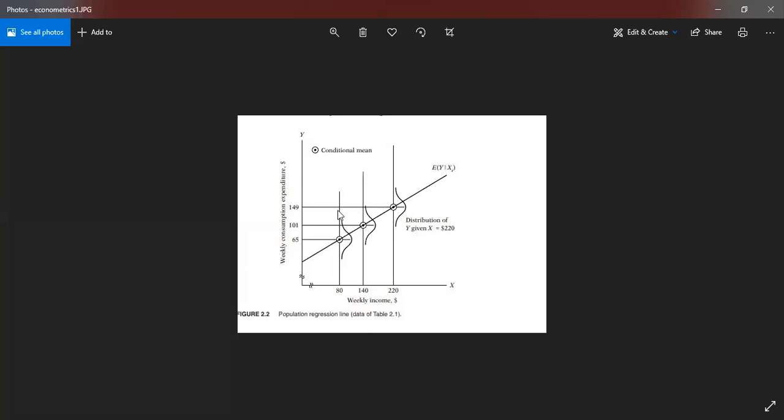U is any Y value, whether above this mean or below this mean. U means Y minus mean of Y. So what is the value of U at this point? 0. 0, exactly. What is the value if Y is here? Let's say Y equals 149. Then what is the value of U?